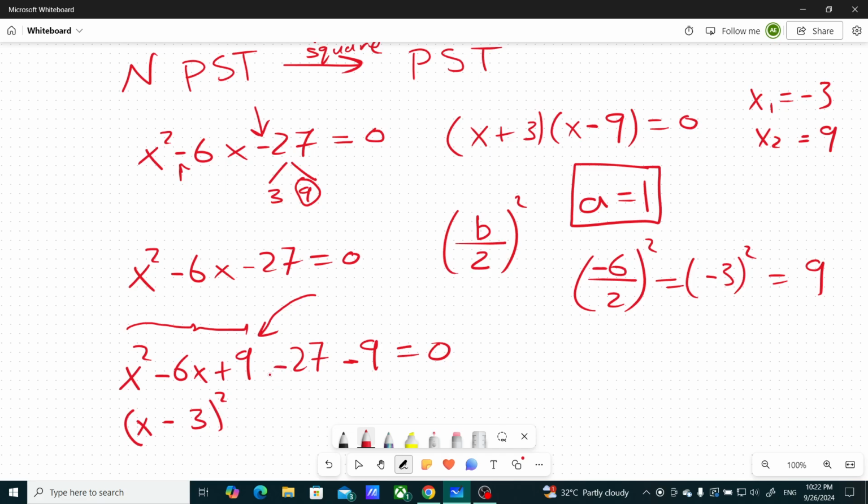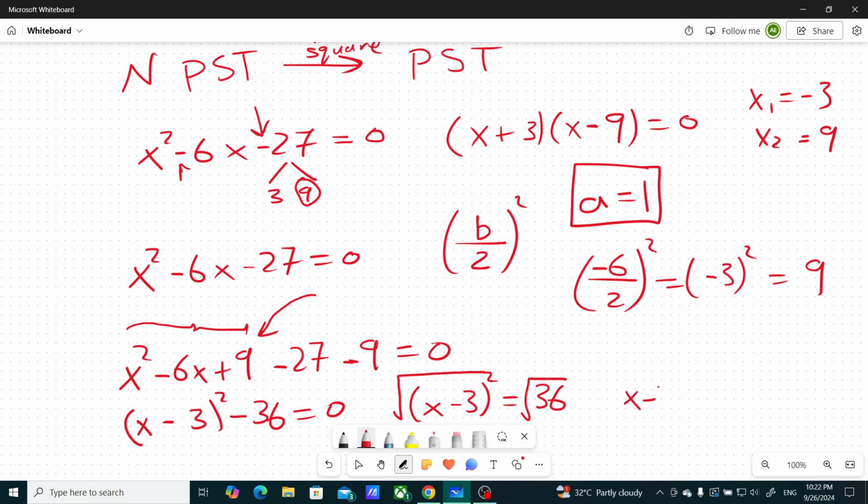And then I will do a minus 27 minus 9, that is minus 36 equals 0. Okay, now I can move the 36 to the other side, so I will have x minus 3, squared, equals positive 36. So to solve, I will square root both sides. This is going to give me x minus 3 on the left and plus or minus 6 on the right.